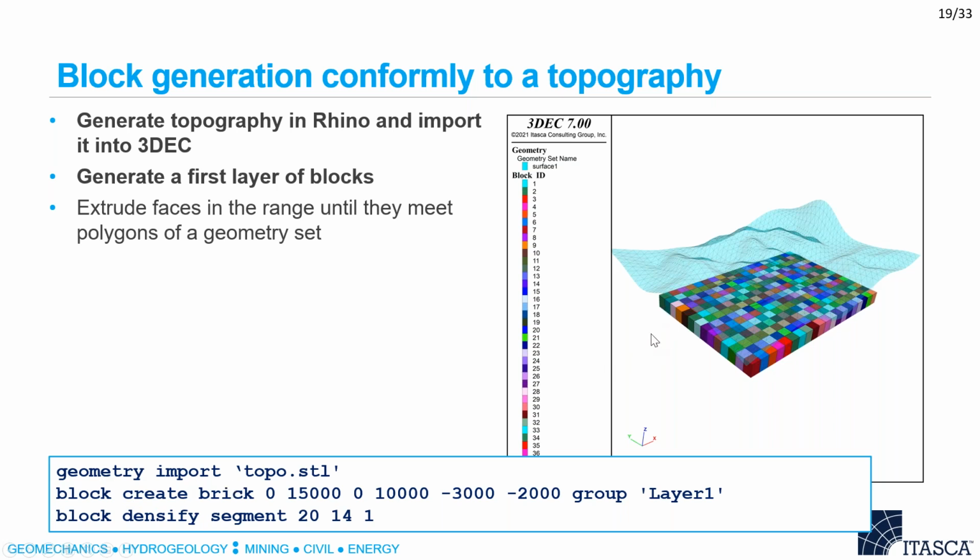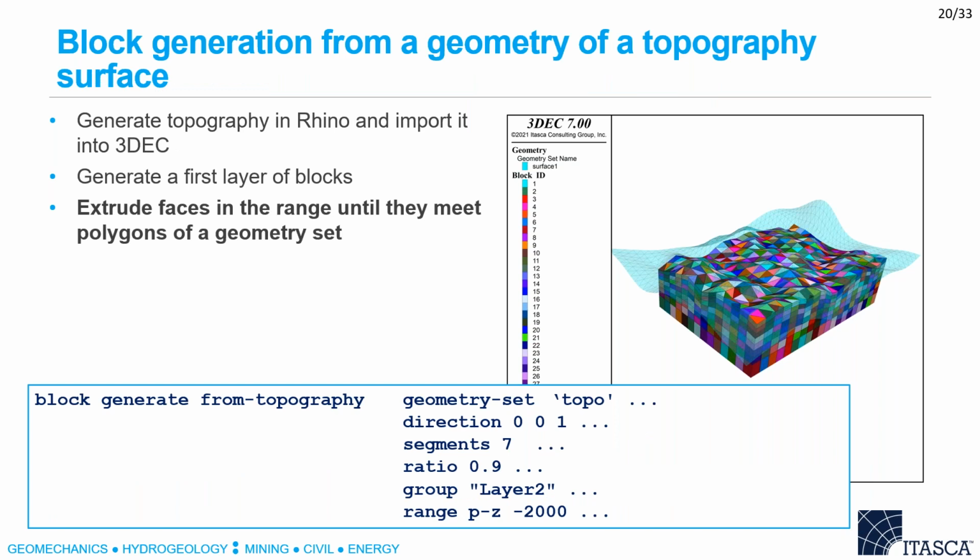We generate a first layer of blocks, and then with a single command, we are going to extrude the upper surface of this block layer, and we will generate blocks until reaching this topography surface. So you see this command.